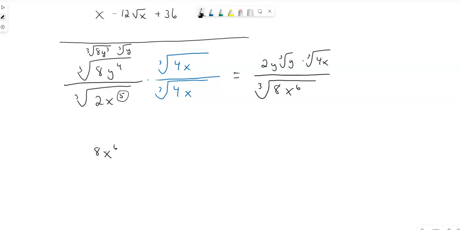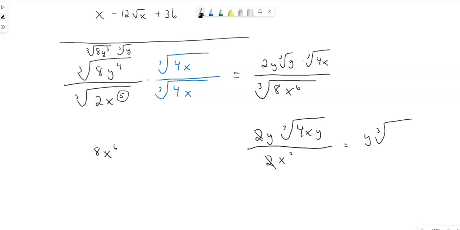Let's combine those together on the top. So I get a 2y cube root of 4xy. On the bottom, everything comes out. Cube root of 8 is 2. Cube root of x to the 6th is x squared, right? 6 divided by 3 is 2. And the last step is just to get rid of those 2's. So I end up with a y cube root of 4xy over x squared.